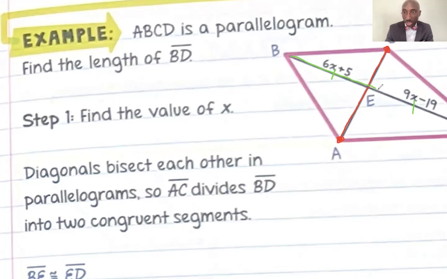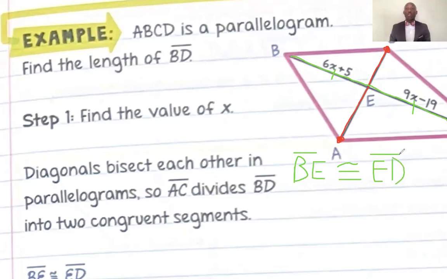B, I know we can't see D, but B all the way over here makes two congruent segments. So that means the segment BE is congruent to the segment ED, right?